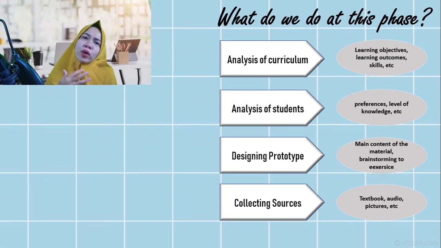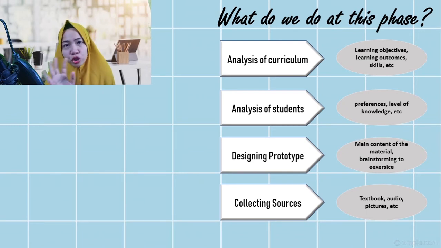You have to know what kinds of learning preference exist among your students, whether they prefer audio, visual, or picture books, or what kinds of text they prefer, whether they love text about arts, entertainment, technology, or whatsoever.